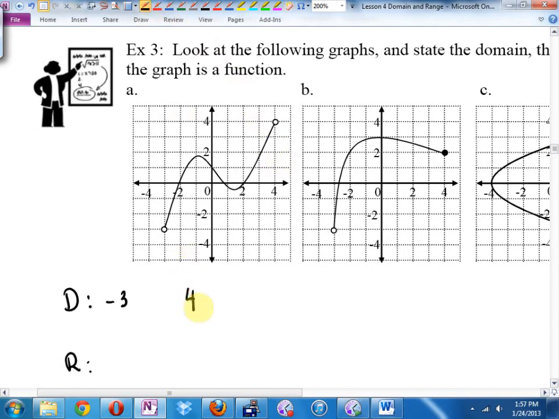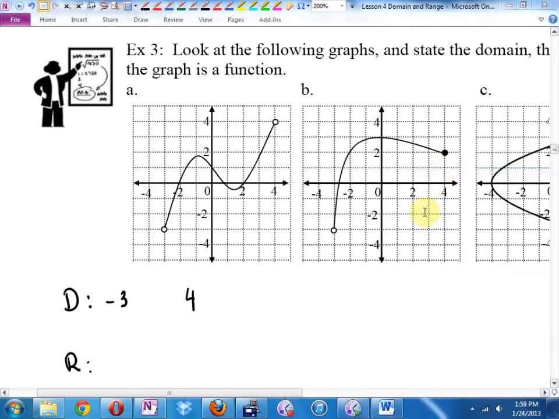The biggest x value is 4. And here's how you write everything between -3 and +4. You don't write everything between -3 and +4. Too much writing. We have math shorthand.